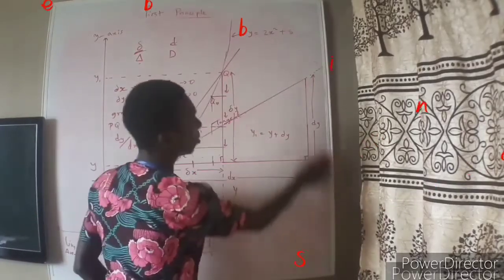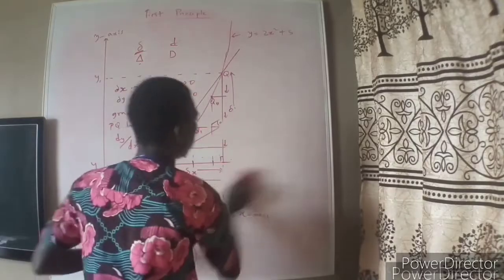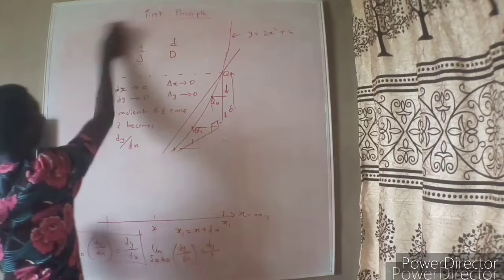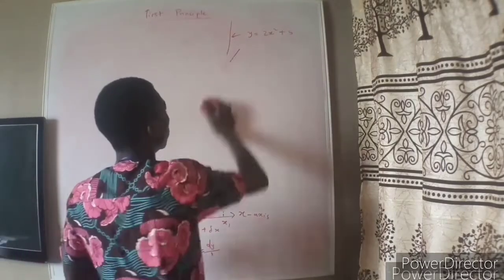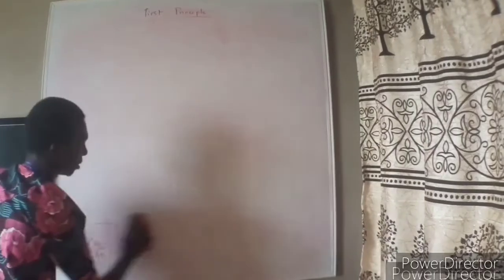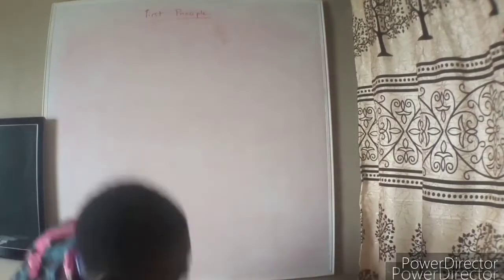Now for our first principle, we are actually using this also, and that's the reason I did this in the first place. Now I said my x1 became x plus change in x, and my y1 became y plus change in y. We're actually going to use the same question to explain that.